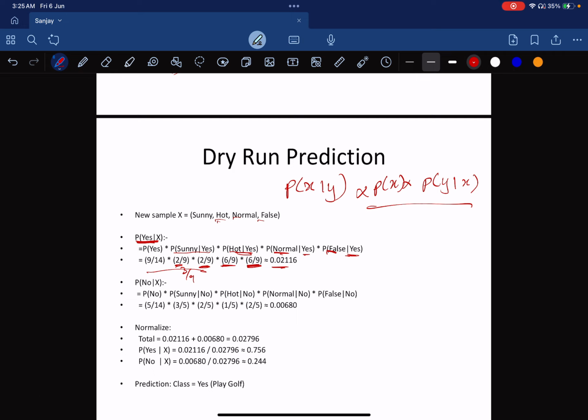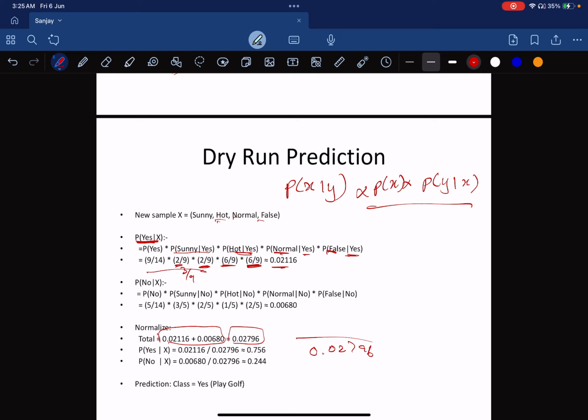First, we add the total probabilities, the probability we get for the Yes class and for the No class. This is the overall probability.